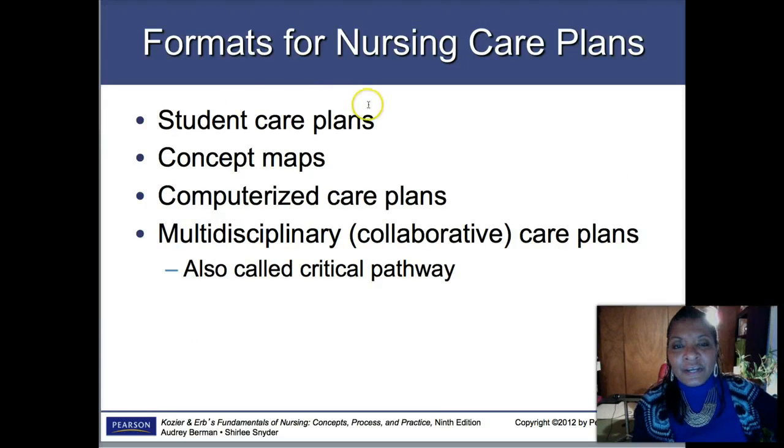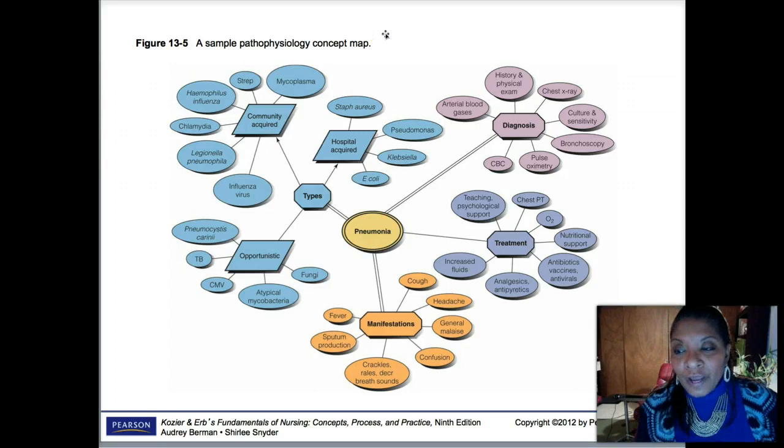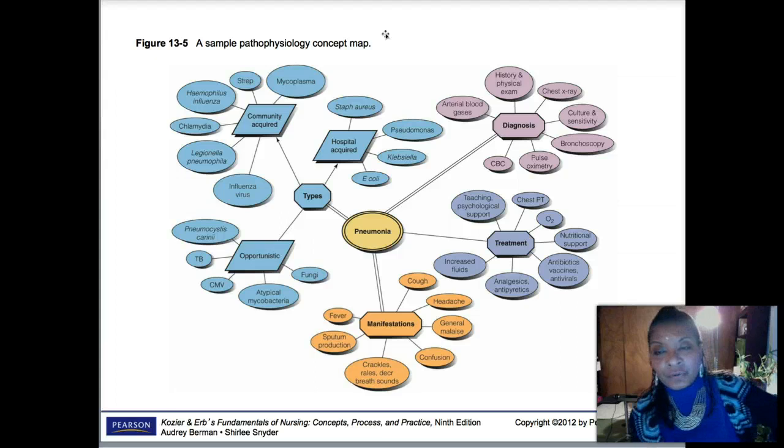Now, nursing care plans can take many formats. Again, written, concept maps, computerized. You just should be aware that there are many kinds. This is an example of a pathophysiology concept map, and it's a larger view of what you were or will be asked to do regarding pneumonia or some other illness.